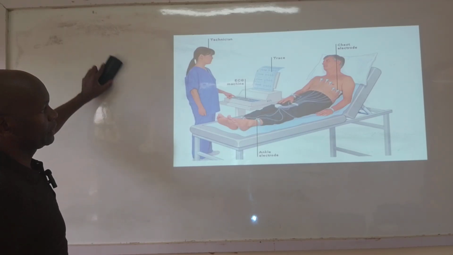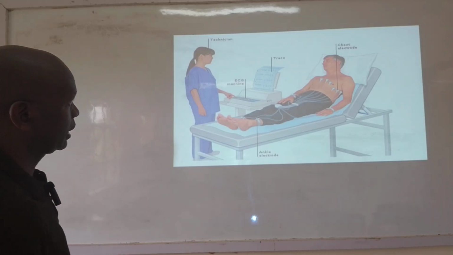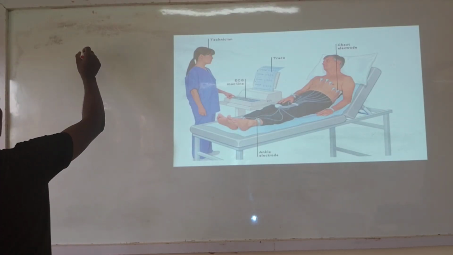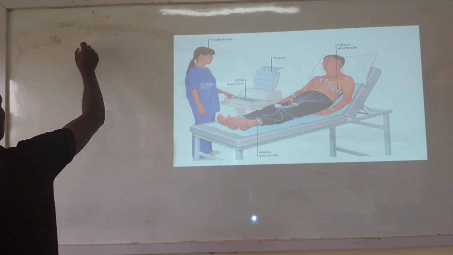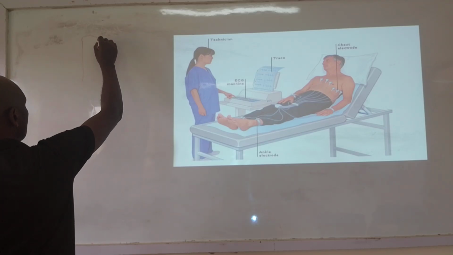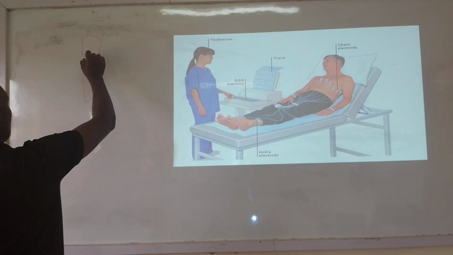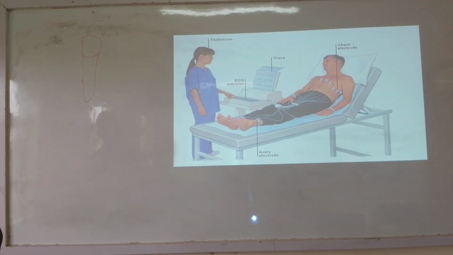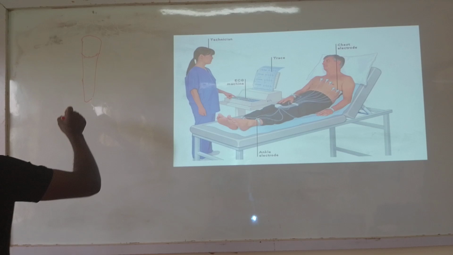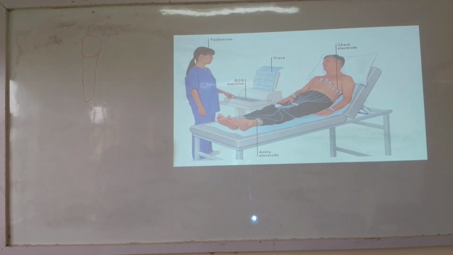So how do we place the precordial electrodes? You look at the sternum, assuming this is our sternum around here. Let's use this as our sternum bone with that angle there. So you locate this suprasternal angle.